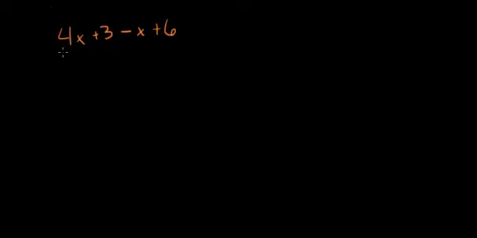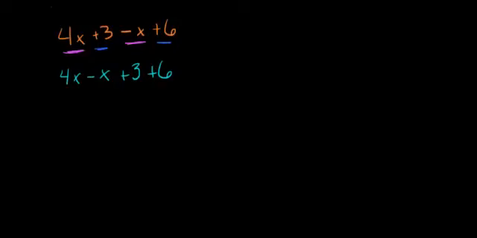So here I have a 4x, a -x, those would be like terms, and then I have a +3, and a +6, those are like terms. So if I was to reorder this, I would write it as 4x minus x plus 3 plus 6. So that's how I would reorder this, so that it's like terms grouped together.